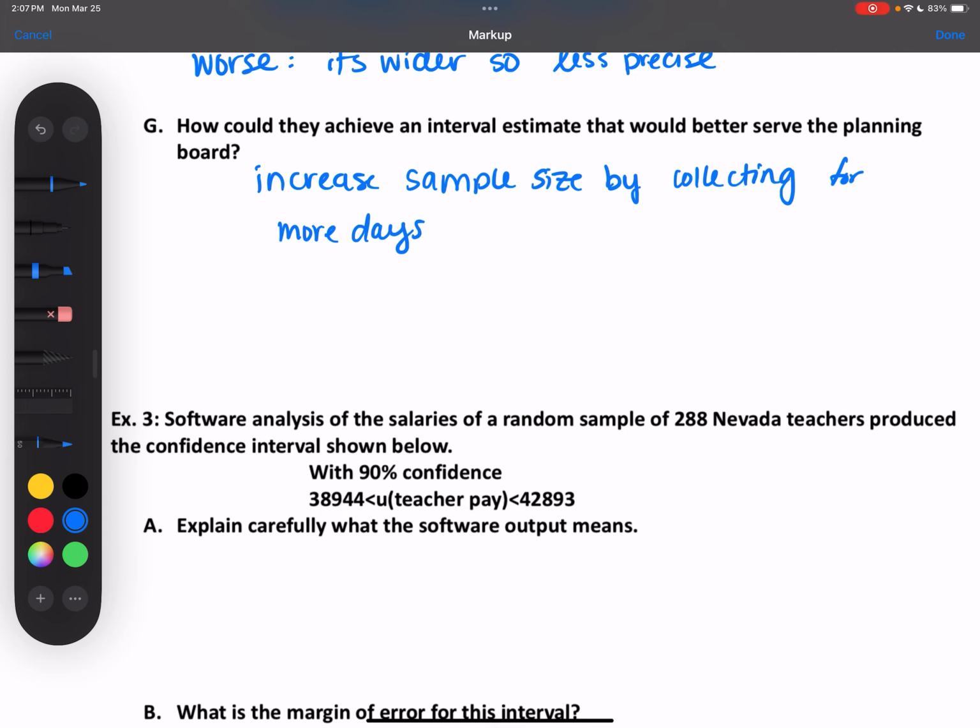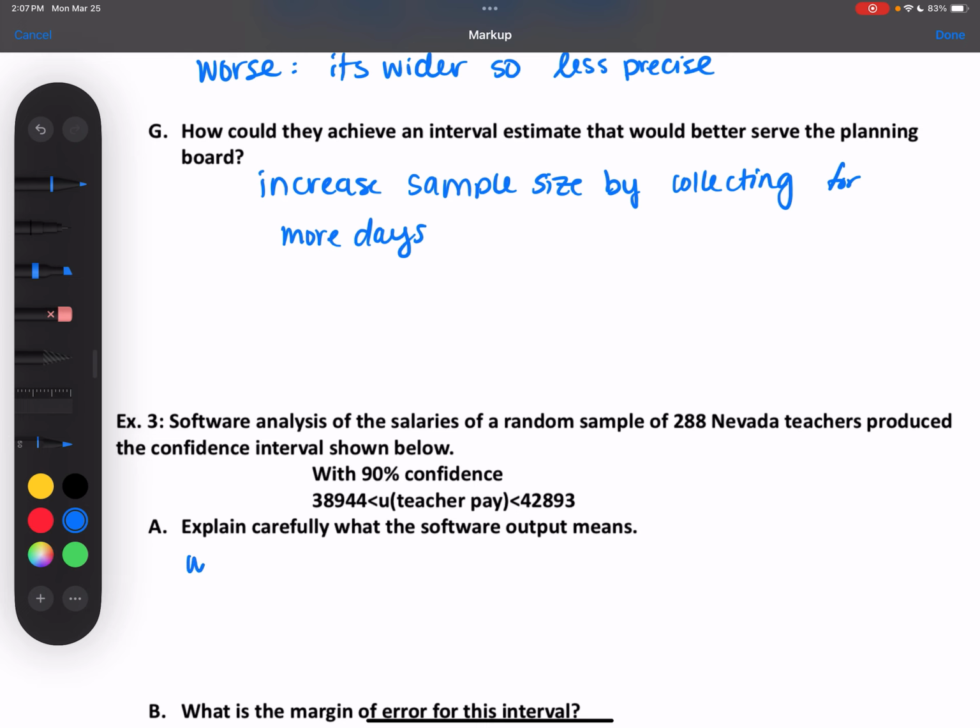Anybody know? So I guess that based on the sample we have 90% confidence that the average salary for teachers in Nevada is between $38,944 and $42,893.